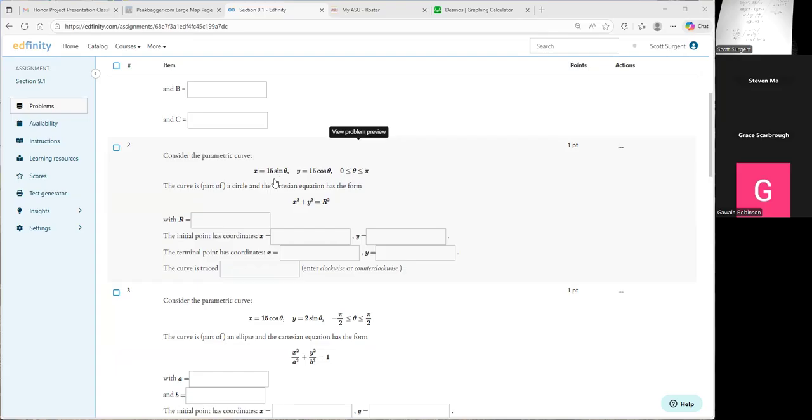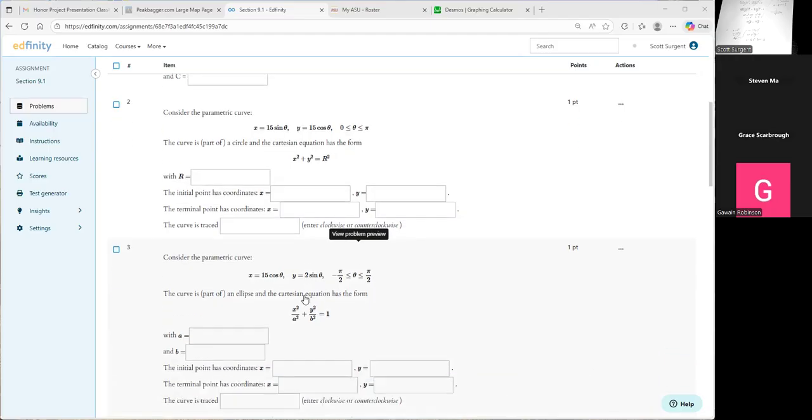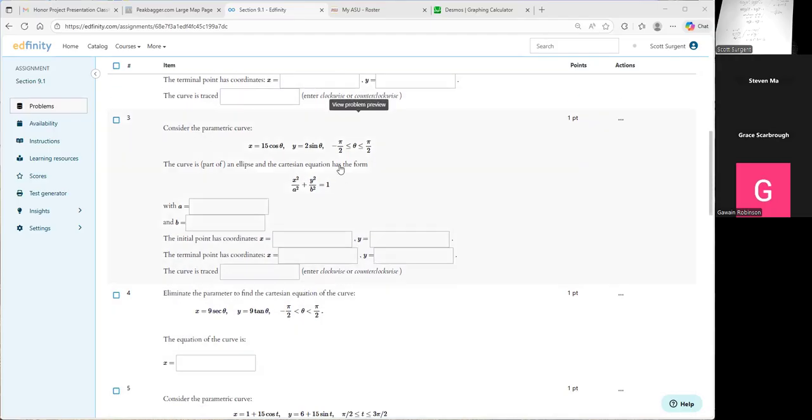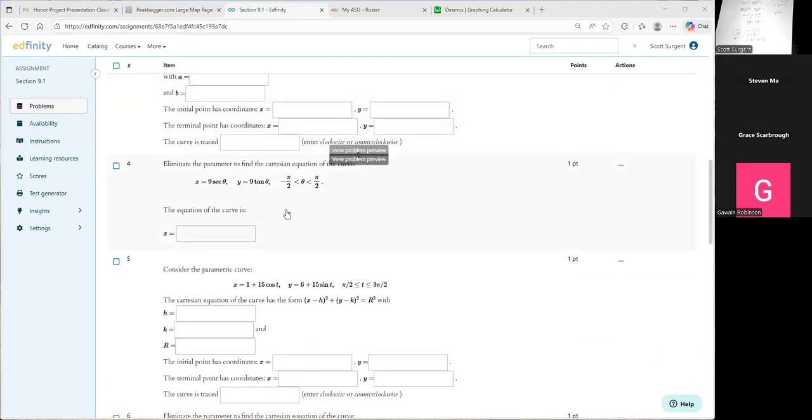If you tweak the coefficients, if you compare 2 and 3, you see we have 15 and 2, then yes, you get an ellipse now. And then of course the bounds give you a part of an ellipse.